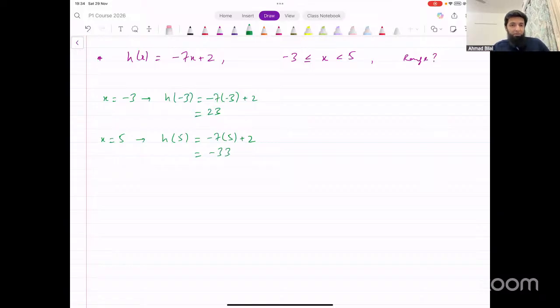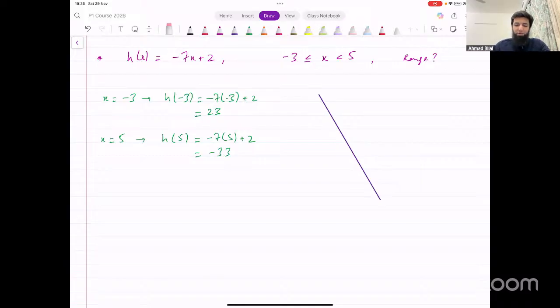Okay, now let's think of the graph. What does the graph look like? It's a downward sloping line because the gradient is negative. We've got 2 points on the line. One is when x is -3 and the other is when x is 5. So -3 is going to be on the left side, 5 is going to be on the right side, right?